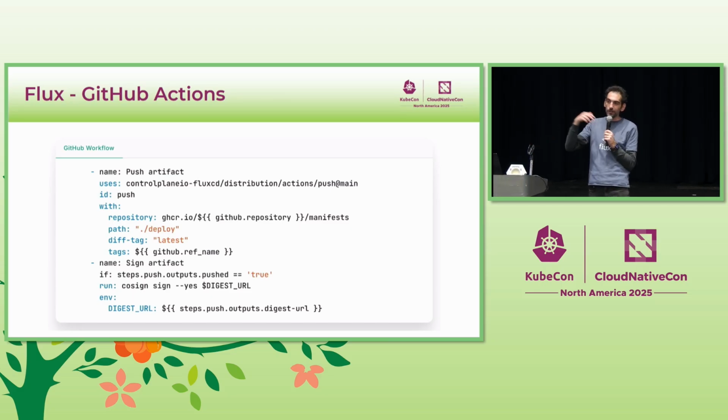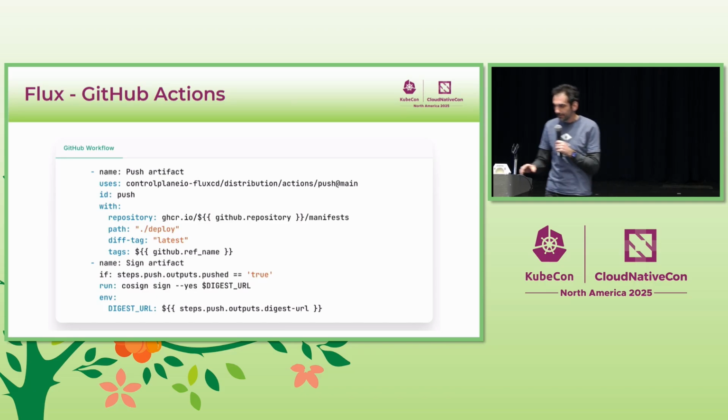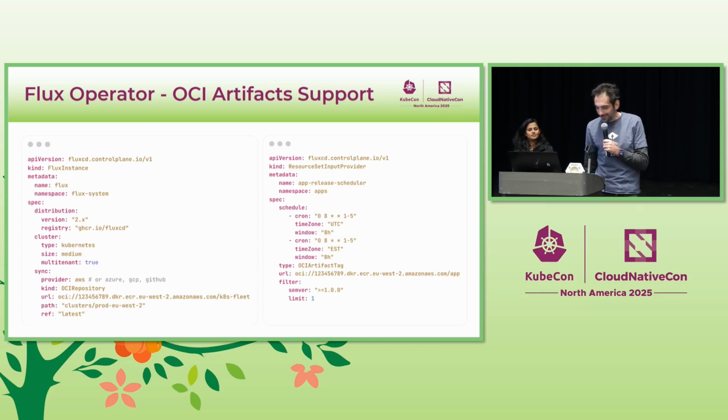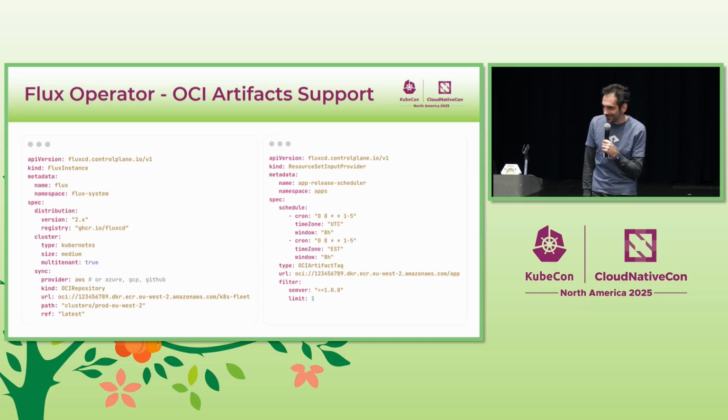Every time you push it, it will push to GCR, it will sign with cosign, and makes it very simple. So it's not that complicated to add these 2 small YAMLs to your GitHub workflows in order to adopt Flux with OCI artifacts. So hopefully I have convinced you that this is a good thing to do.